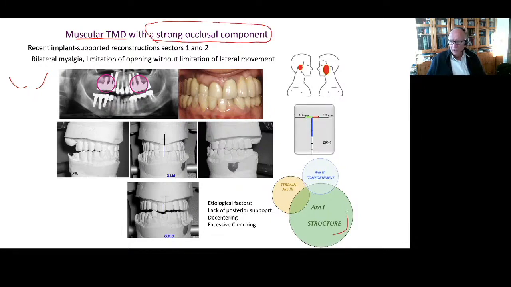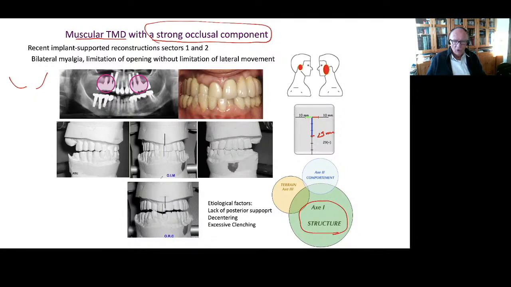There is a mechanical problem here. Limitation, 29 millimeters of opening movement, with lateral protrusion normal. That means it is not a joint problem. It is a muscular problem.